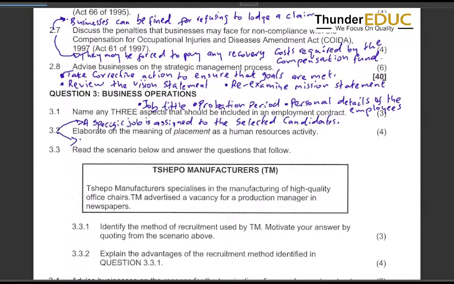Then also you are saying that a selected candidate or candidates are placed where they will function optimally, and add value to the business.